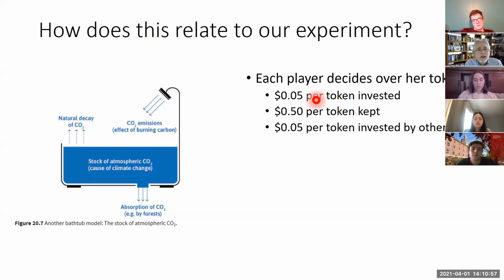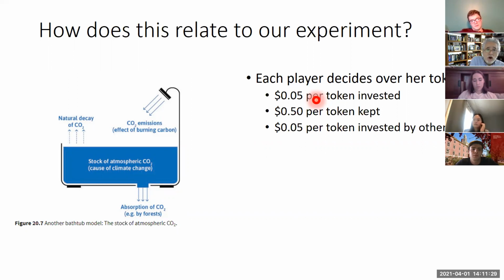And therefore, the opportunity cost at this moment, in this stage of the analysis, of that token invested is 45 cents. You give up 45 cents when investing one token instead of keeping it. And you can see clearly that there are material incentives to keep that token. That's one part of the problem.